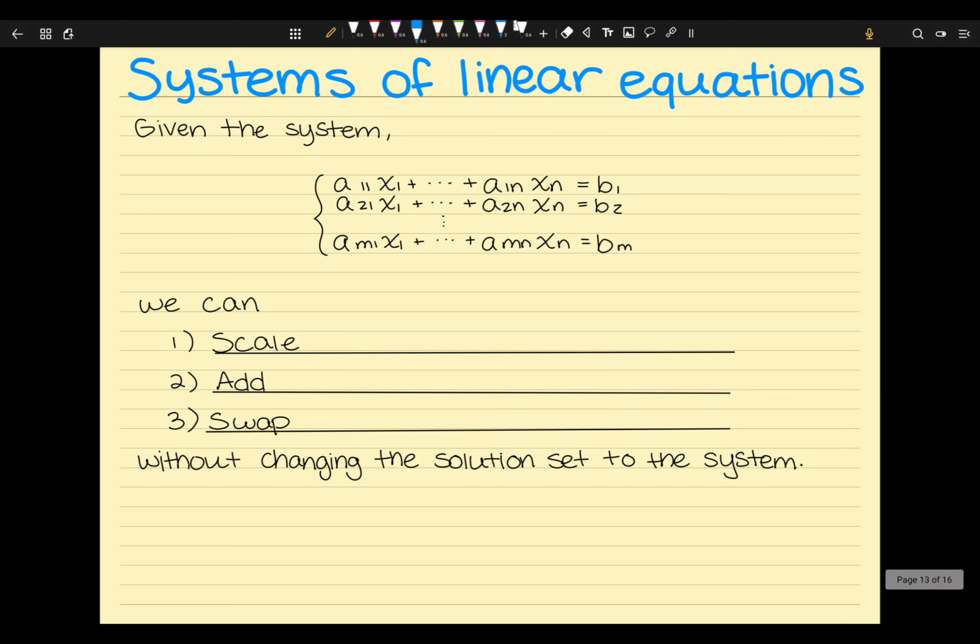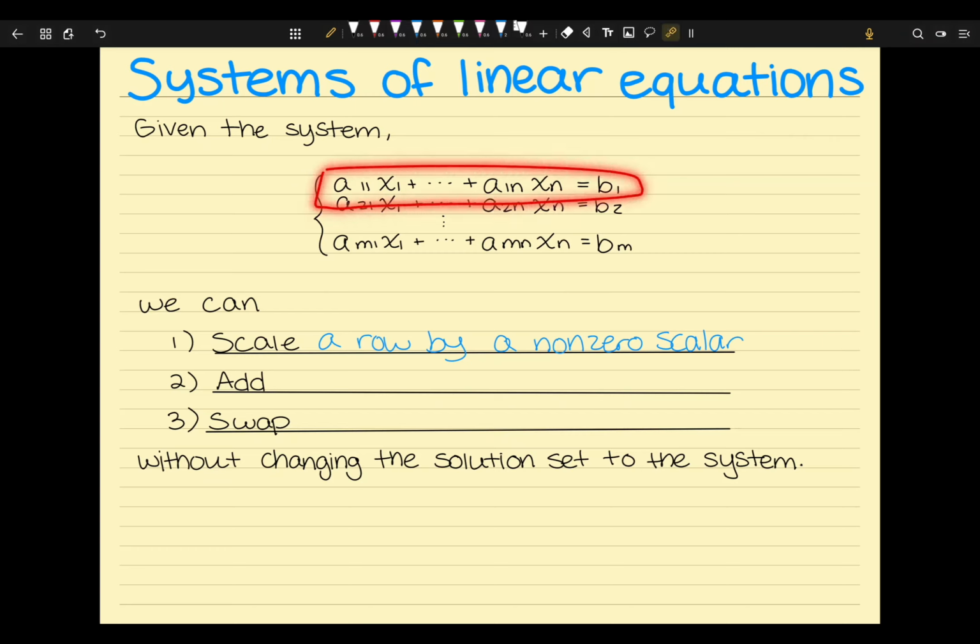The first thing we can do is scale a row by a non-zero scalar. If I take this first row and multiply the left by 5 and the right by 5, the equation has changed, but it hasn't changed the values that x1 through xn can be. These sides are still equal.